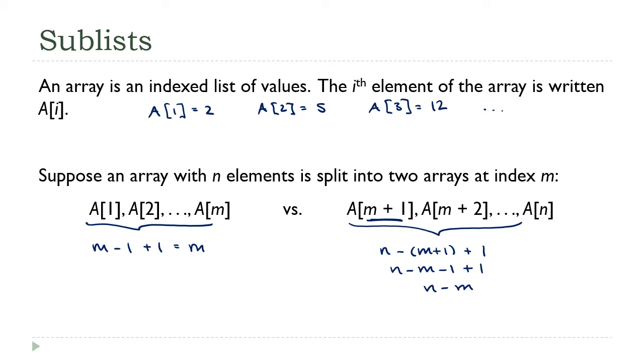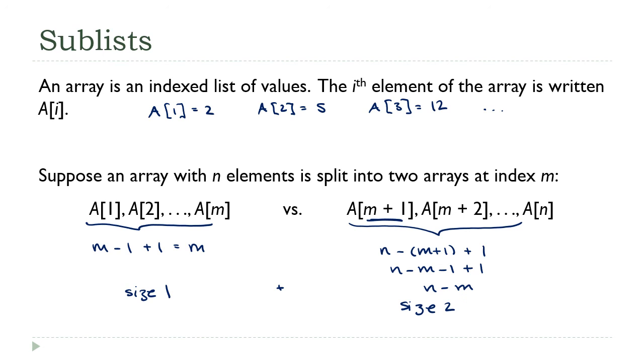Okay, and here's how we can do that. I know that these two sublists put together make up the whole list. So if I add the size of this list plus the size of this list, I should get n, because I should get everything. I should get the original list.